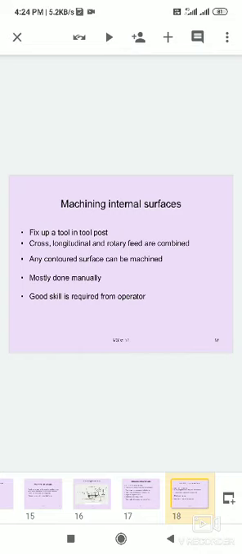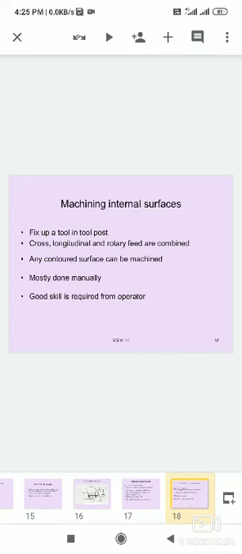The tool post is connected to the tool head, and the tool head is connected to the ram. The ram is connected to the vertical column, and the vertical column is connected to the machine table. The machine table is a rigid material.